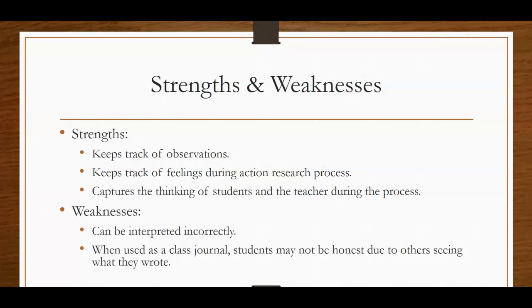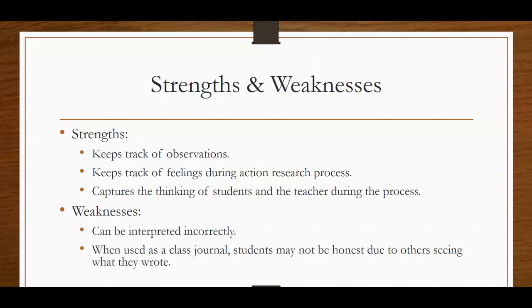Some weaknesses that I thought of is that they could be interpreted incorrectly. Just thinking back to talking with someone through email or texting, sometimes things can be interpreted incorrectly. That came to mind when I was thinking, these students are going to be writing in their journals and then the teacher is going to be reading them.